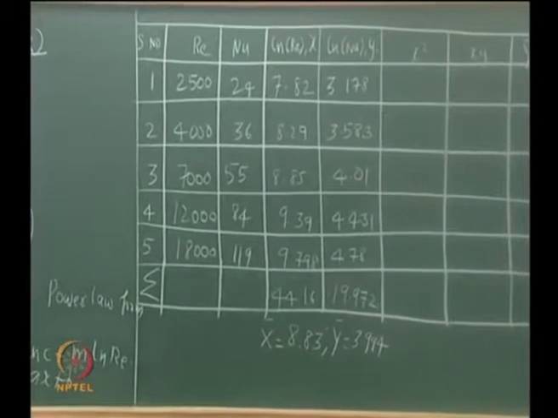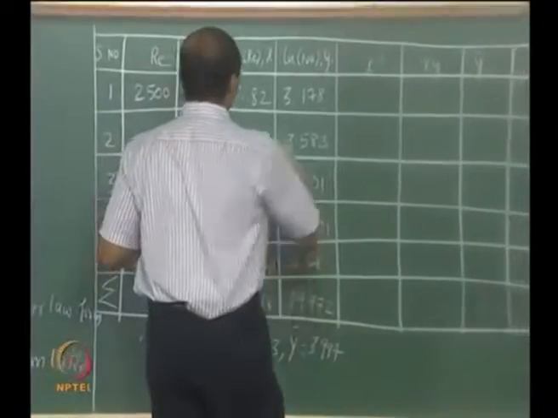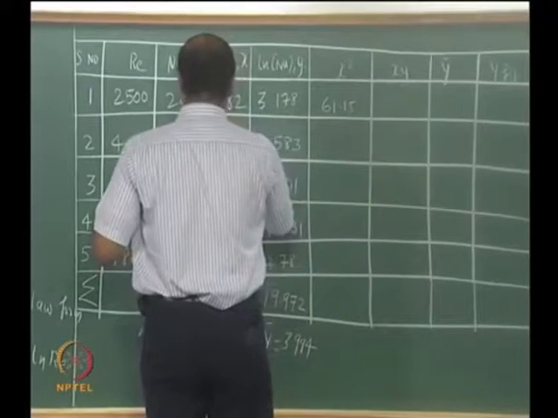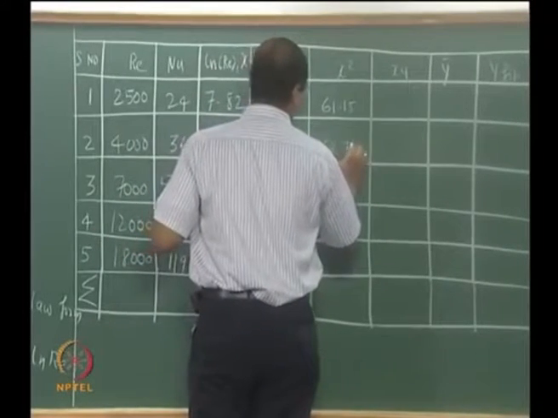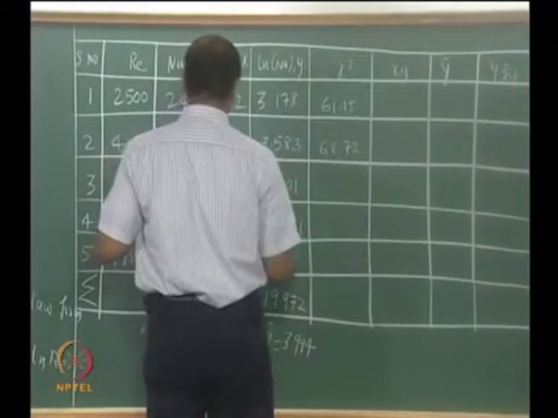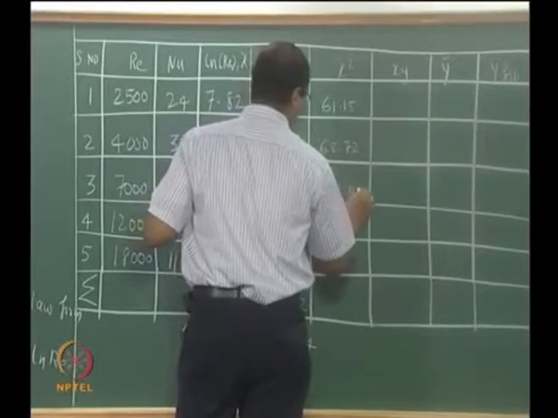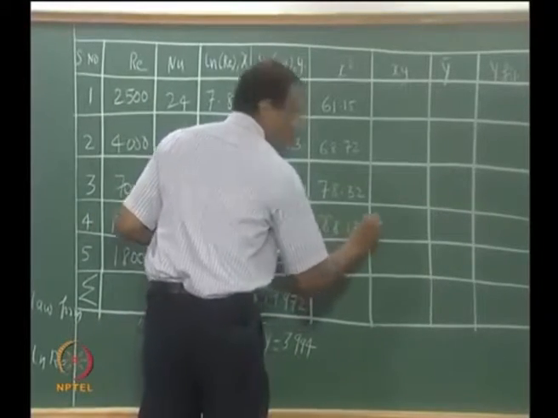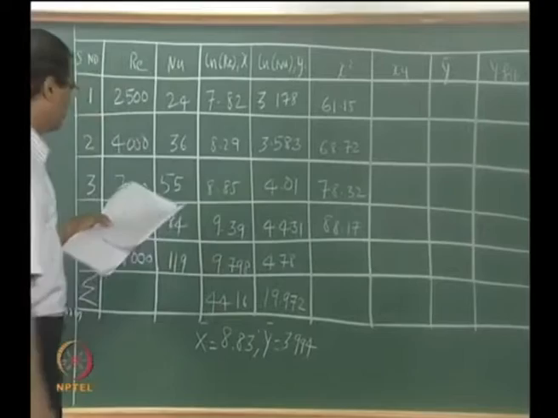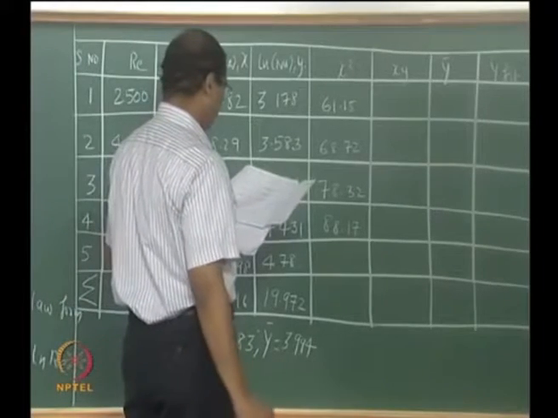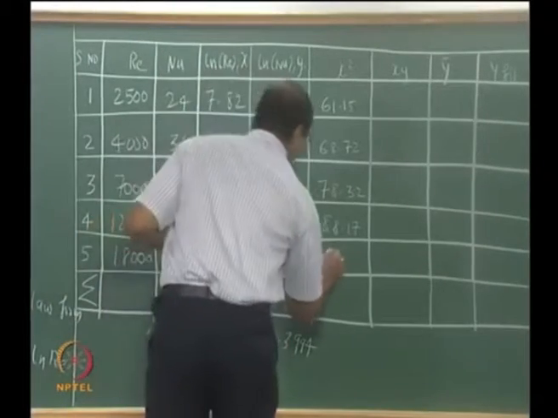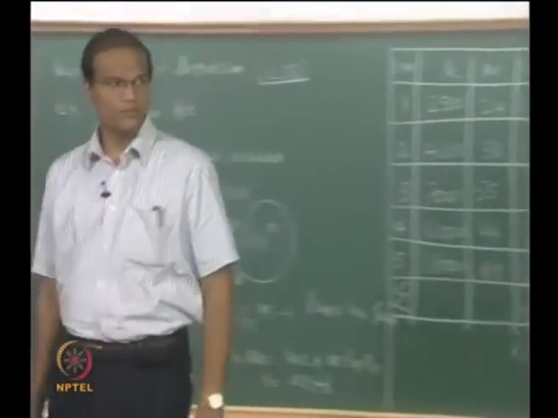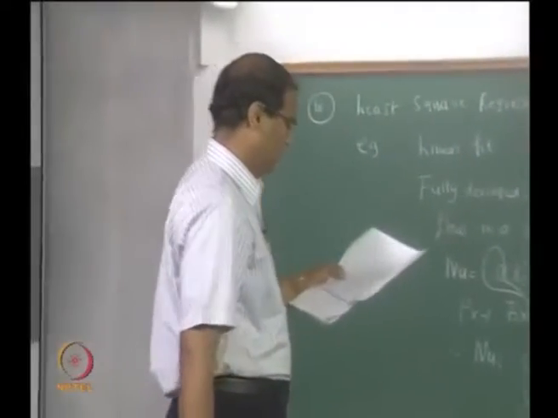Now the more tedious operations come. You have to get x squared, 7.82 squared. This is 68.72. 88.17. 96.00.